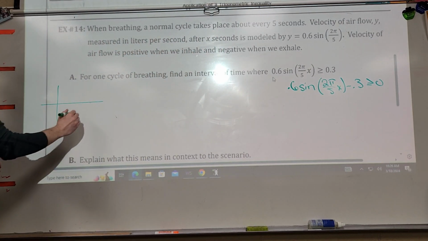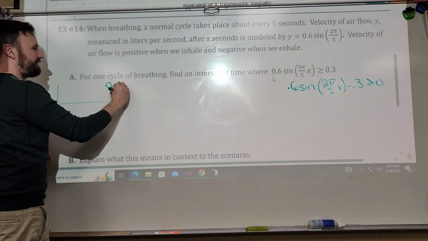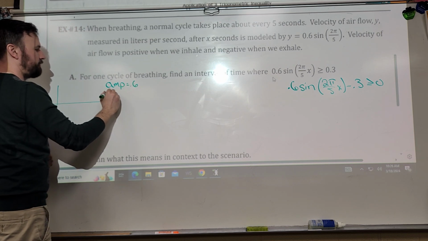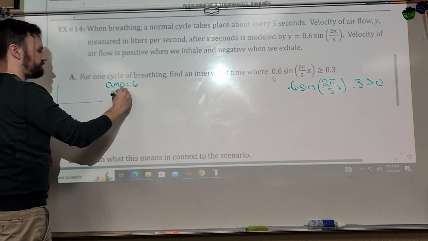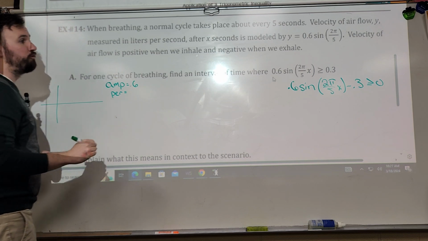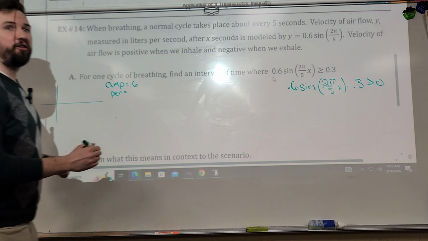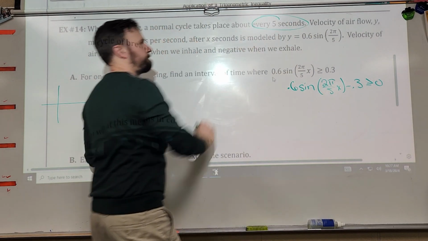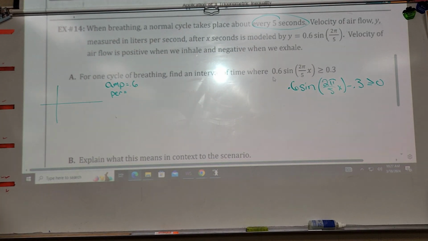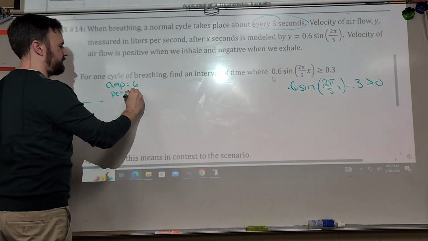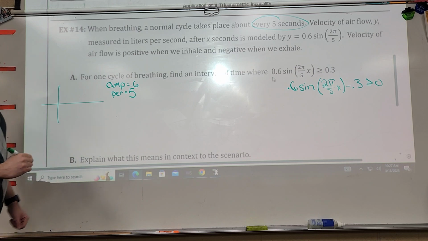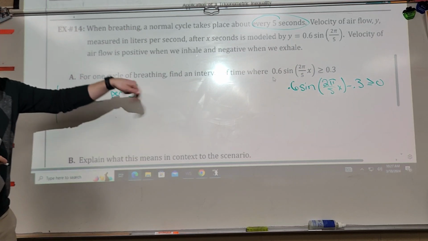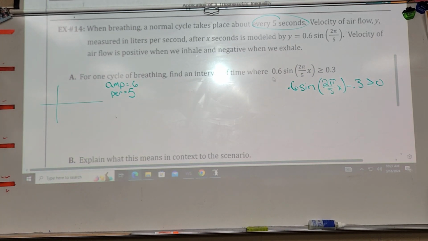So let's see if we can remember it. What's my amplitude? 0.6. What's my period? 2 pi over... it tells me right here. What's my period? 5. Let's try this. Now, I could have done 2 pi divided by 2 pi over 5, right? You still get 5.